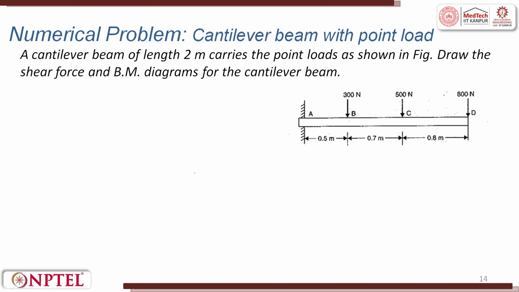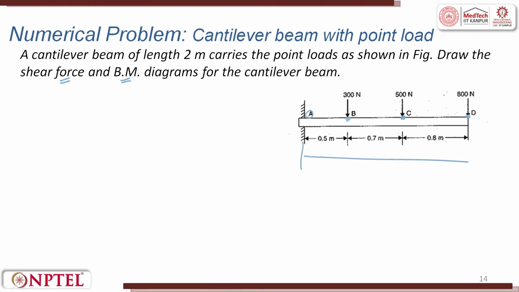Now, let us solve a simple problem and understand how to draw the shear force and bending moment for a given cantilever beam. The cantilever beam is supported at one end called A, and at multiple locations there are loads applied.